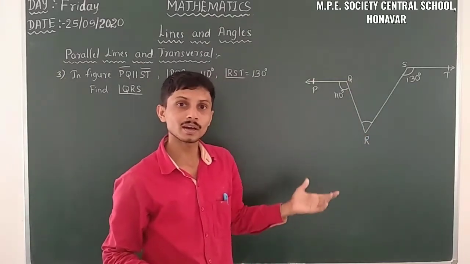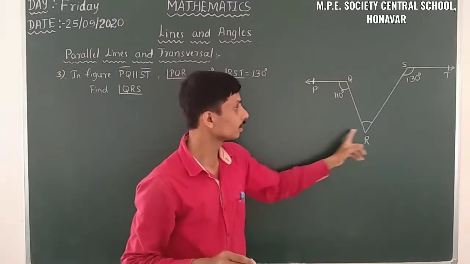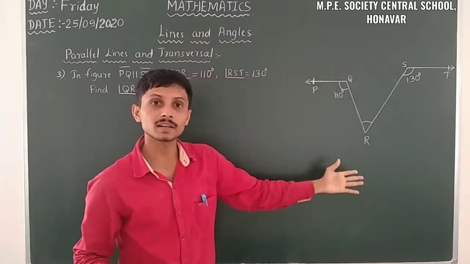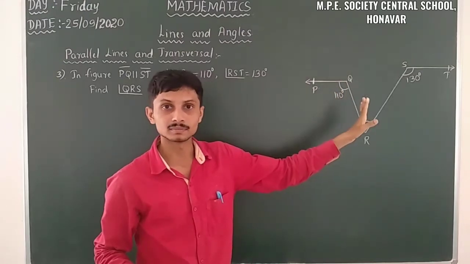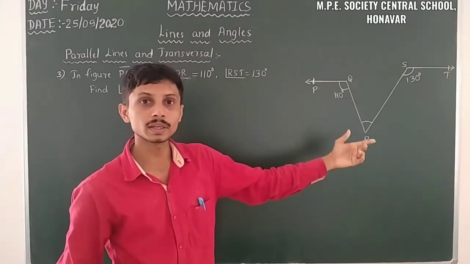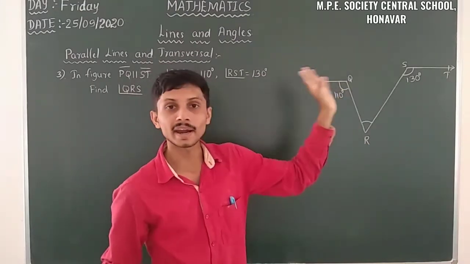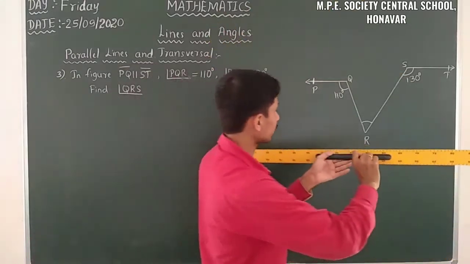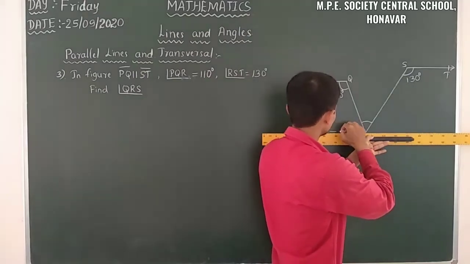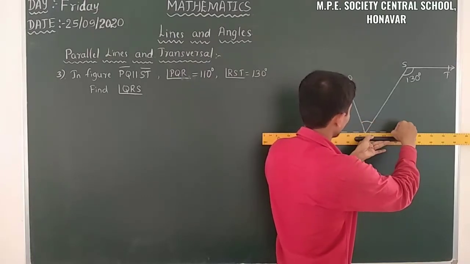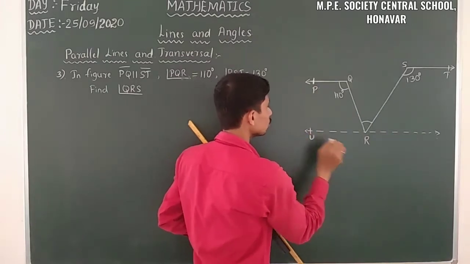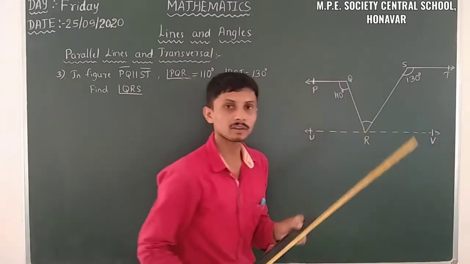So that's why we have to construct a line parallel to both PQ and ST. So let us construct that parallel line UV parallel to PQ and ST. So this line I will take as U and this is V.